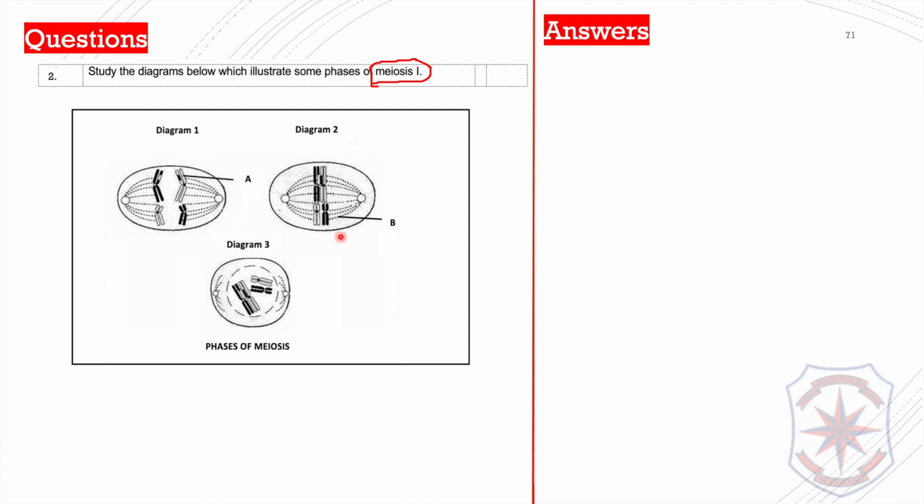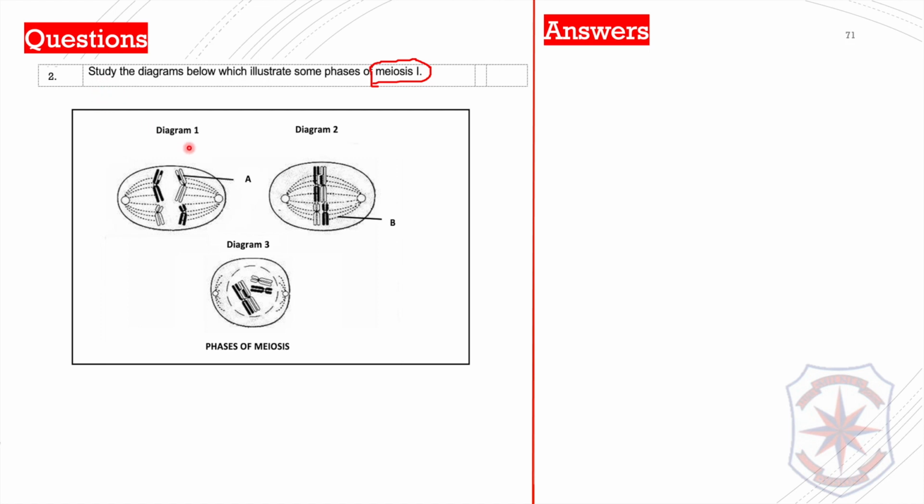So before you even look at the questions, guys, don't let your mind work in reverse. Before you even look at the question, label. It's not only for meiosis, but for any structure that you are given. Please label them first. Know what the parts are for you to be able to answer the questions. Don't go to the questions. Study the diagram first.